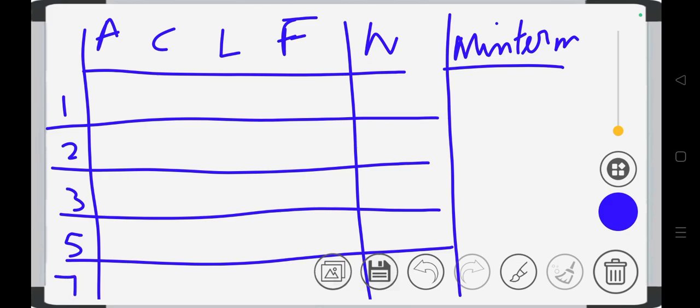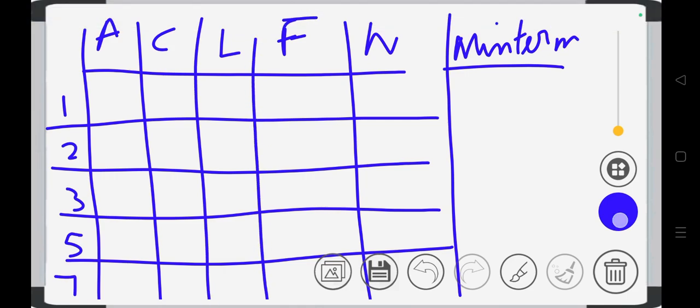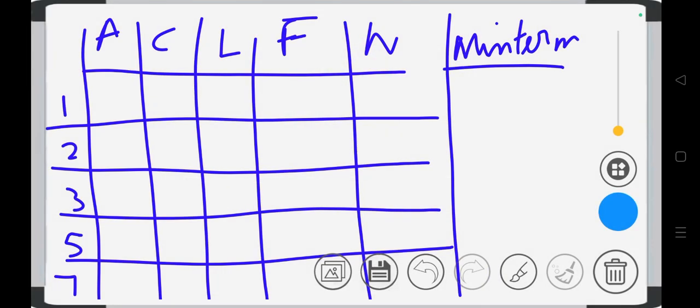Okay, so let us see how the 0 and 1 combinations look like. For the first one it was just 1. For the second one it was 1 0, and the third one it was 1 1, and the fourth one was 0, so the fifth one was 1 0 1, and the seventh one was 1 1 1.